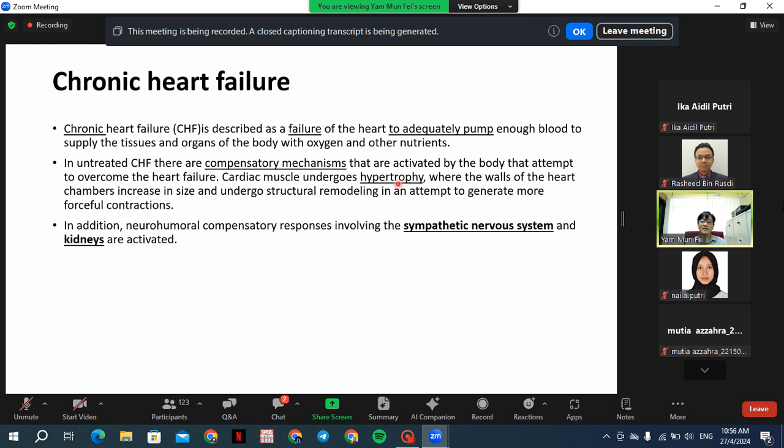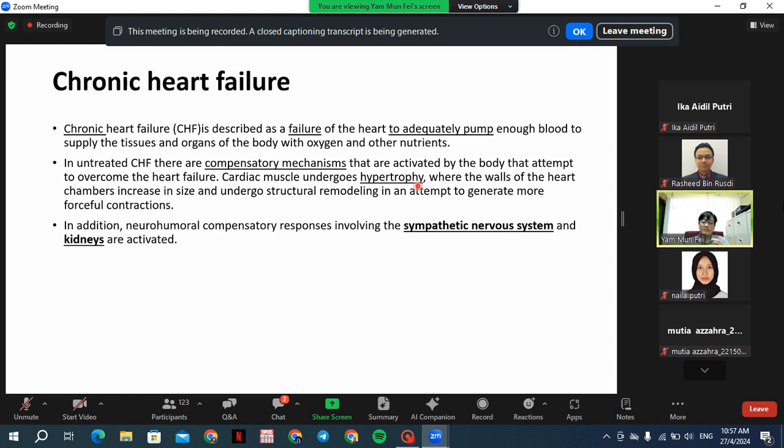Hypertrophy occurs because your heart has to work harder to pump more, since it cannot pump sufficient blood to your organs.